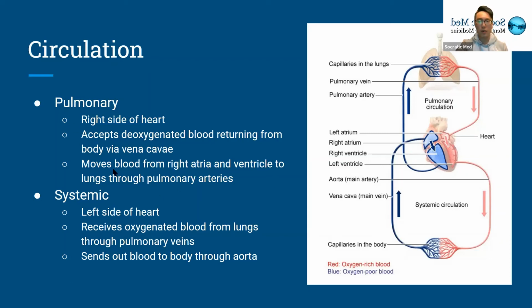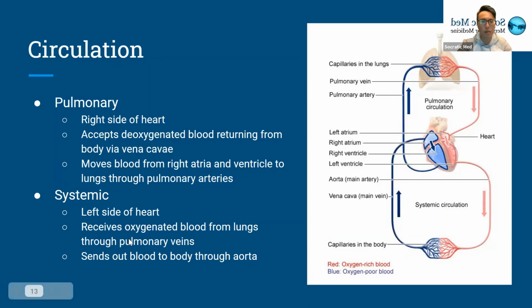So the pulmonary circulation takes deoxygenated blood and sends it to the lungs to be oxygenated. And then the systemic circulation, which is the left side of the heart, takes the oxygenated blood from the lungs and sends it to the rest of your body to distribute the oxygen and other gases. It sends it from the left atrium and the left ventricle through the aorta.